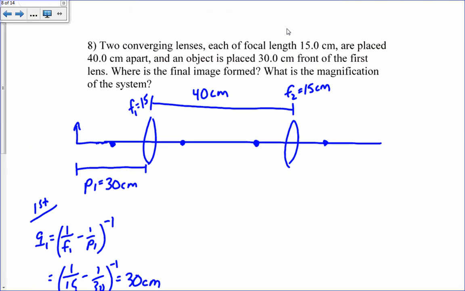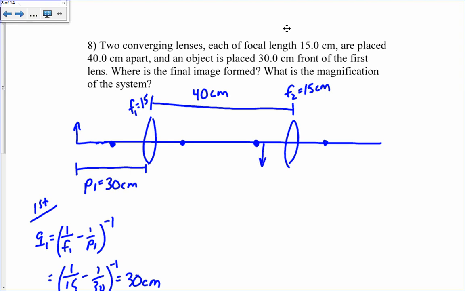All right, so my image from the first lens is going to be 30 centimeters to the right of lens 1. Let's see, 30 centimeters. This isn't exactly to scale. I'm going to put it right about here.